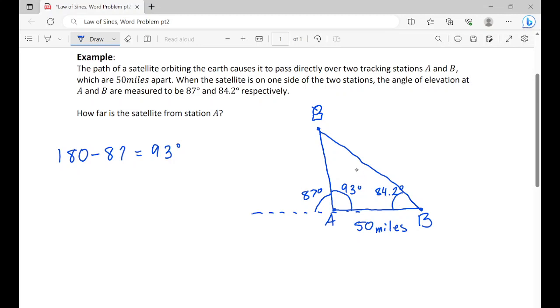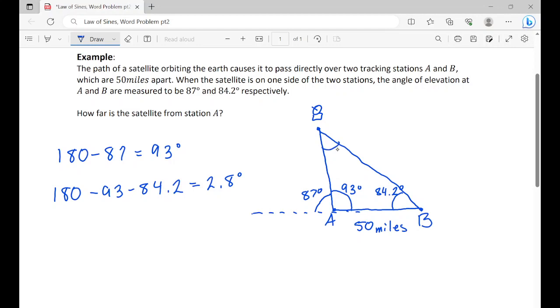What I need is this angle here, and this angle for the satellite is just 180 minus the two interior angles. So again, 180 minus 93 minus 84.2. And that's going to end up giving me 2.8 degrees.